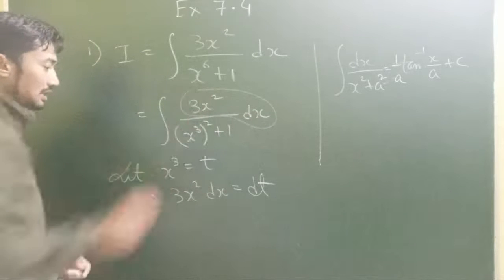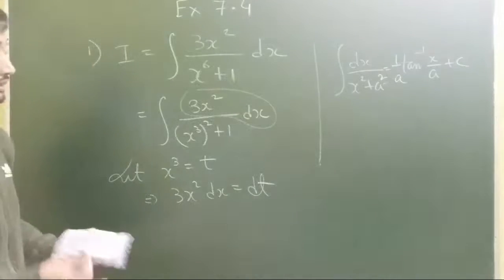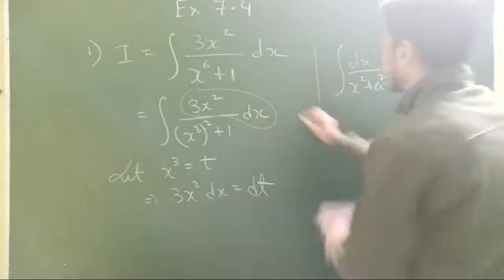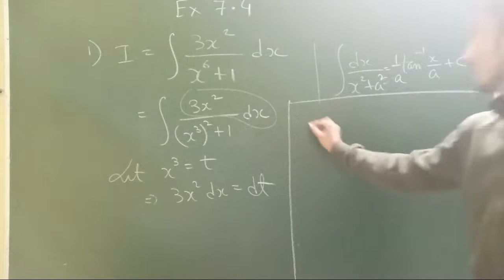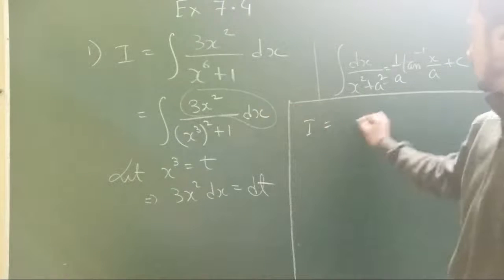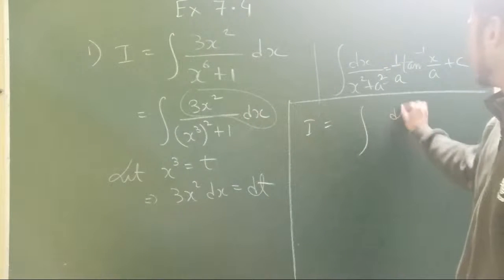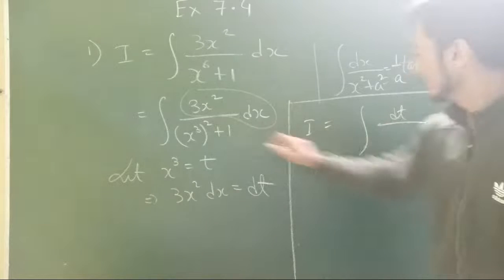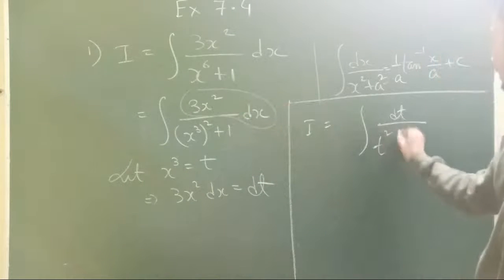Then I will have the integral of dt by x cube, which we have substituted to be t, squared, plus 1.